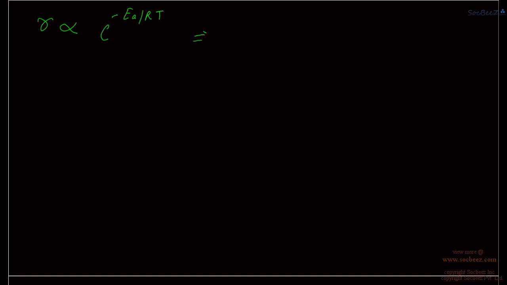So we can say that rate is directly proportional to T by M to the power 1 by 2 e raised to the power minus EA upon RT, and rate is directly proportional to the concentration of A and B present, because the more concentration of A and B present, the more will be the rate, and hence this is directly proportional to the concentration of both of the species.